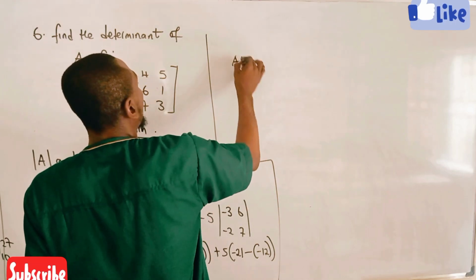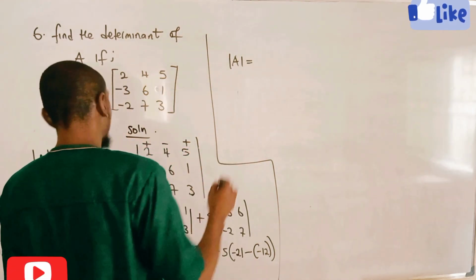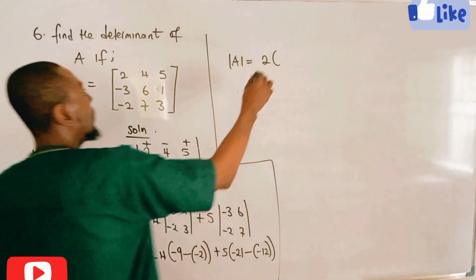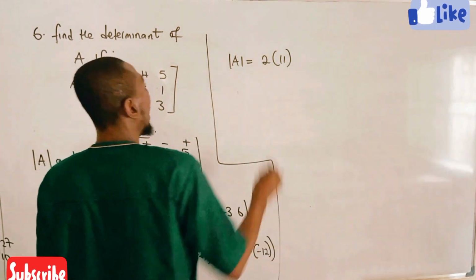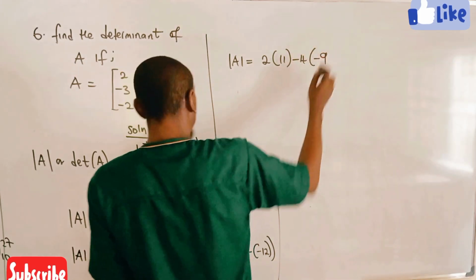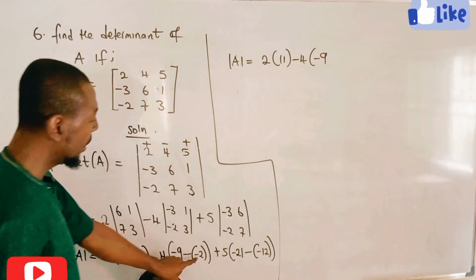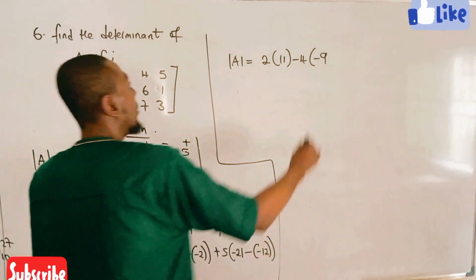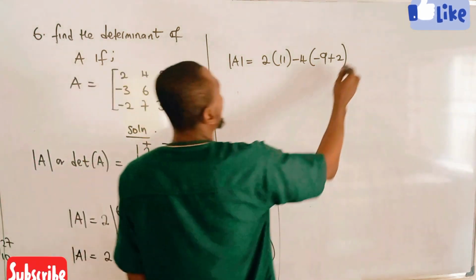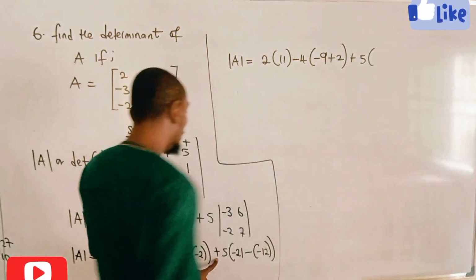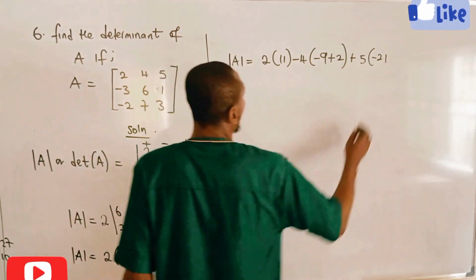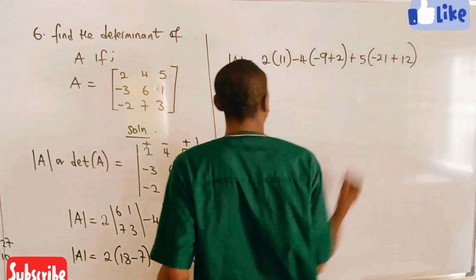So we have the determinant of A equal to 2 into, of course, 18 minus 7 gives us 11, into minus 4 into minus 9, negative to negative, minus to minus is plus, so we have plus 2. Plus 5 into minus 21, and negative to negative is positive 12.